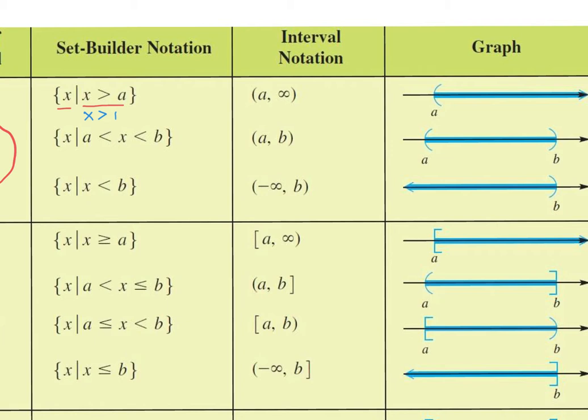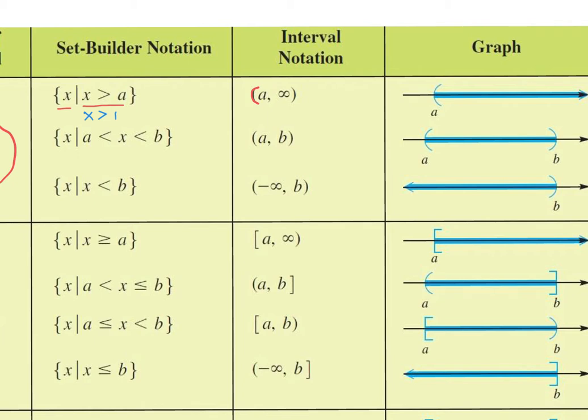So we indicate that it can be greater than our number a, but not equal to, by the use of a parenthesis. So the parenthesis means not equal, but can be bigger in this case.